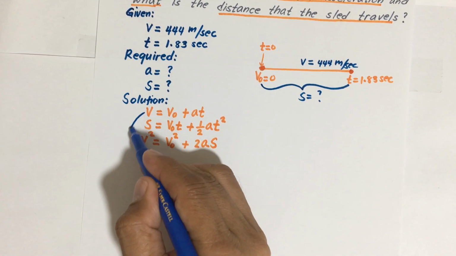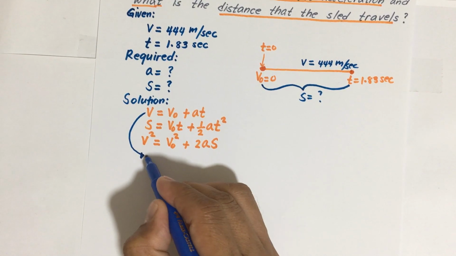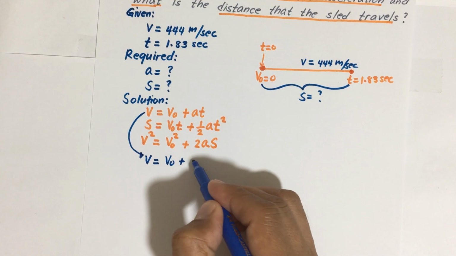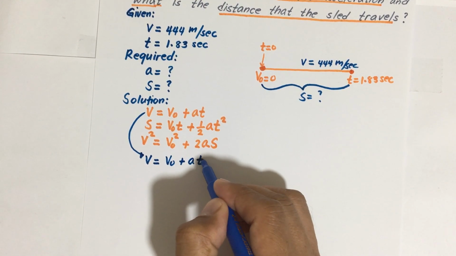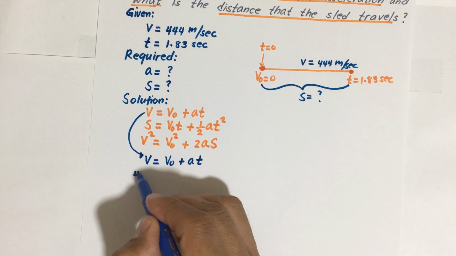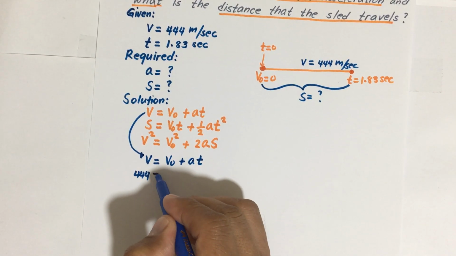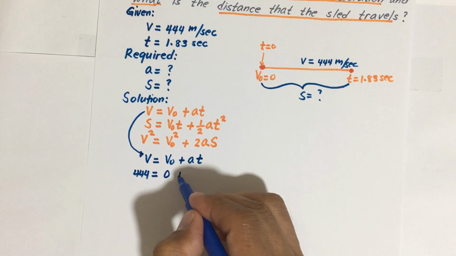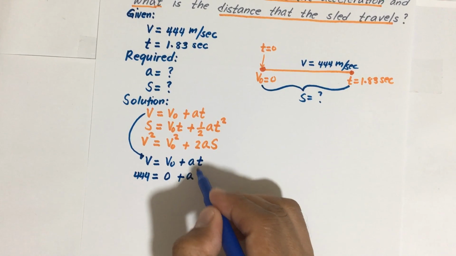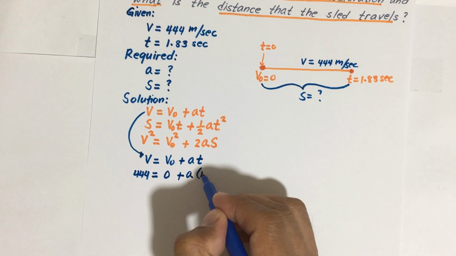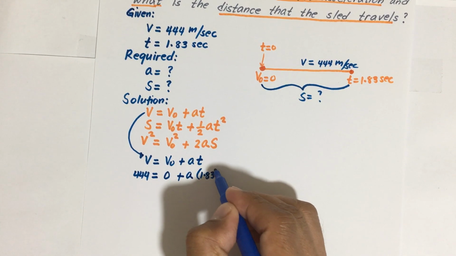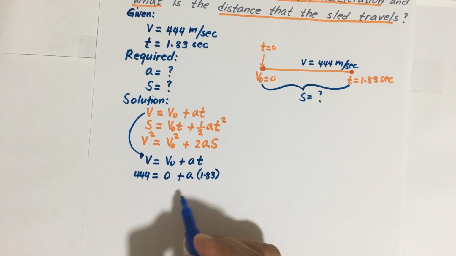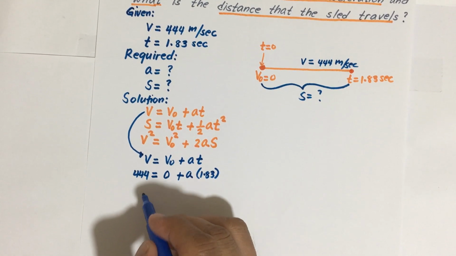So from this formula, v equal to v sub 0 plus a times t, our v is 444 equal to initial velocity 0 plus the acceleration times the time, that is 1.83. From this resulting equation, we can solve for a.